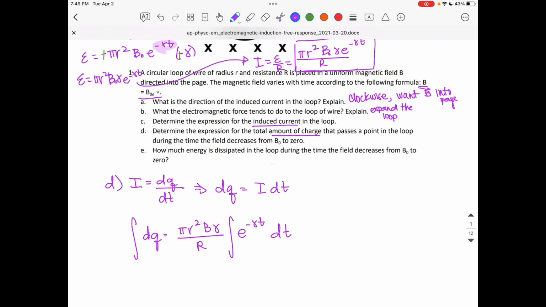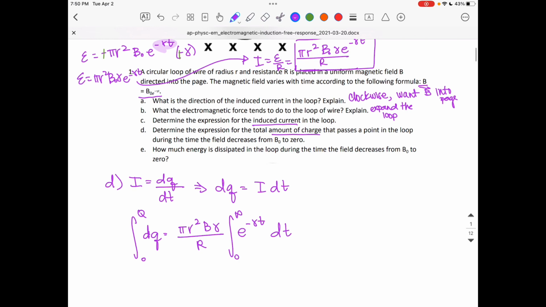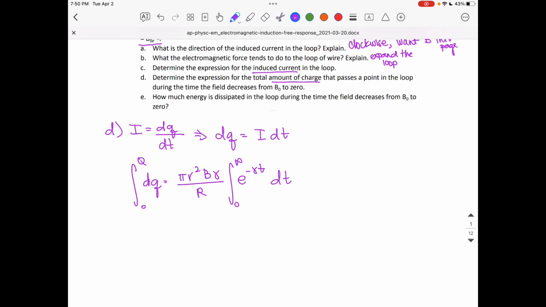For Q, we just want the full charge. So from 0 to the full charge, big Q, from the time the field decreases from B to 0, we can just call that 0 to infinity in terms of the limits of time.